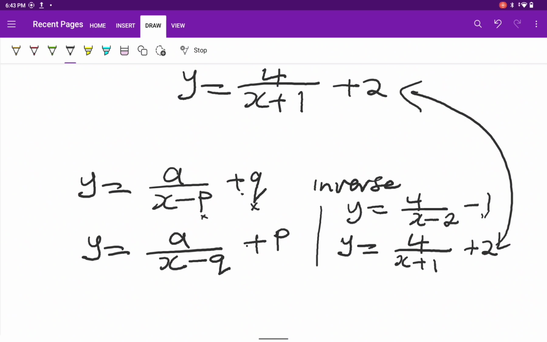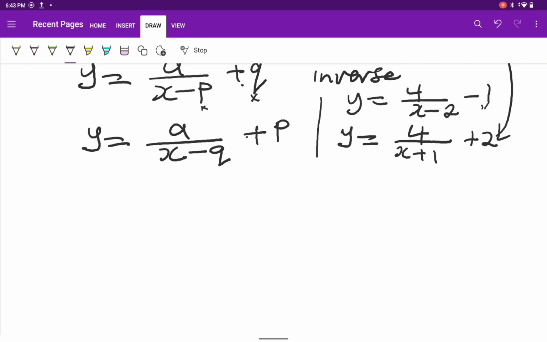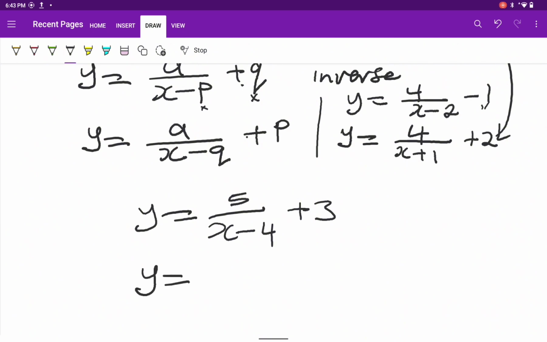Let's just take one last example of how we can calculate the inverse. So let's say we have y equals 5 over x minus 4 plus 3. If we want the inverse, straight away we will say the inverse is y equals 5 over x.